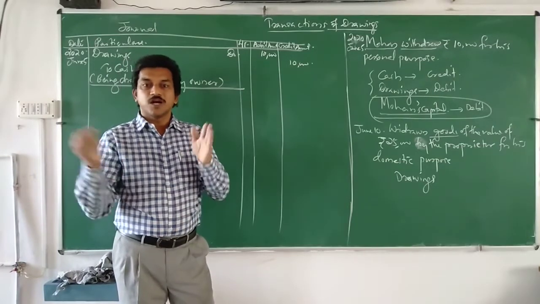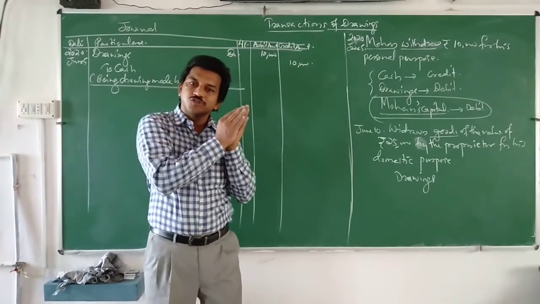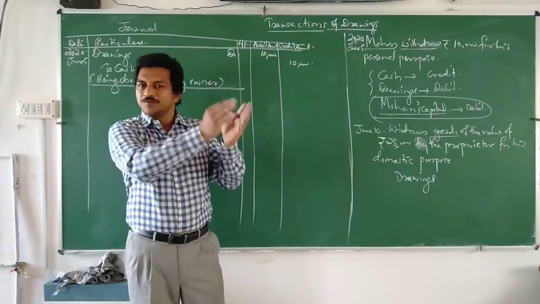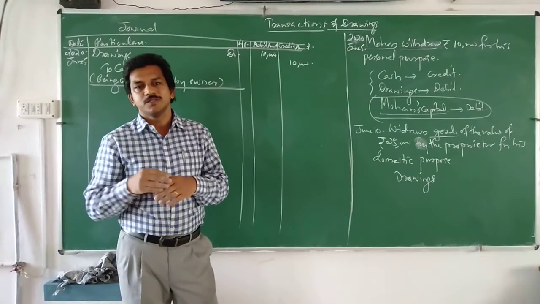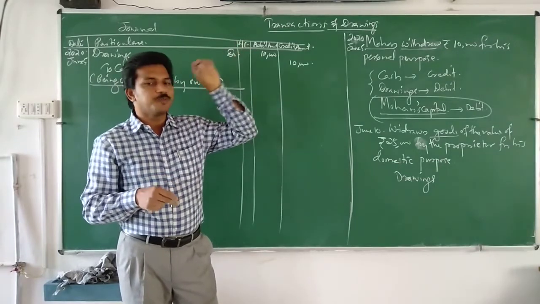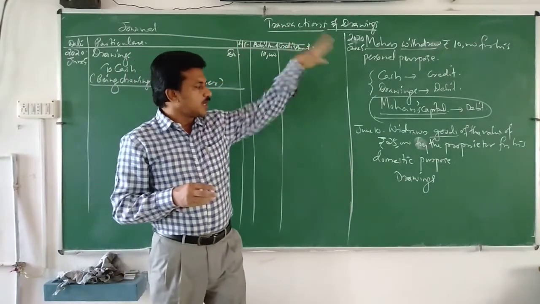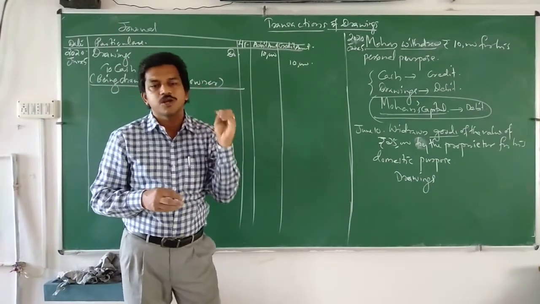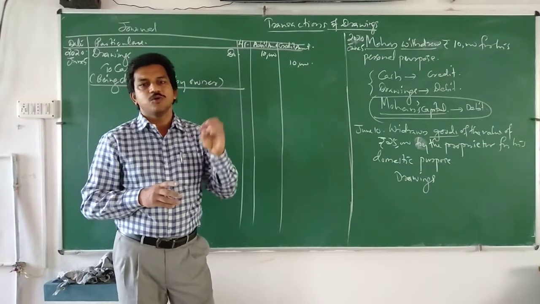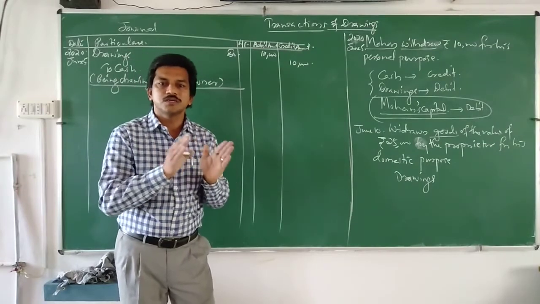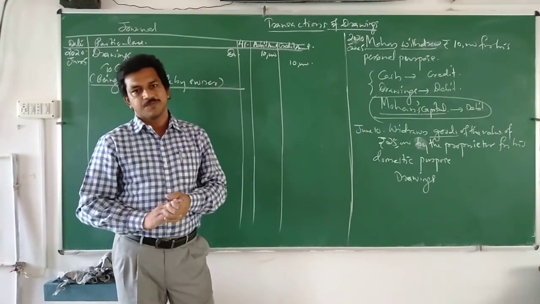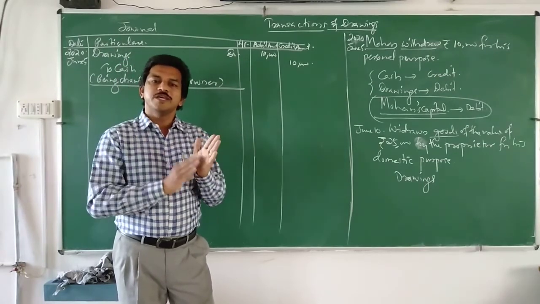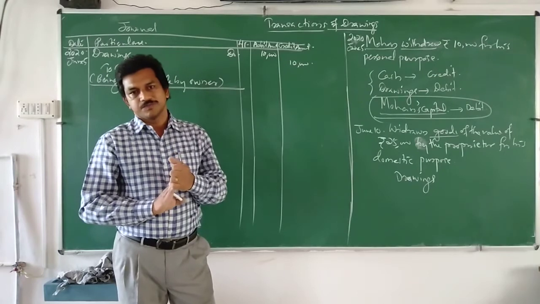Whatever we purchased for the business is called purchase. From that purchase, the owner took. Suppose we have purchased goods for rupees 1 lakh. Out of that, goods of value 25,000 are taken over by the owner. So now the total purchase is only 75,000 for us. Understood? Not 1 lakh. It will be 75,000.